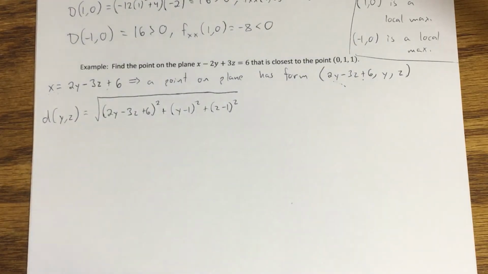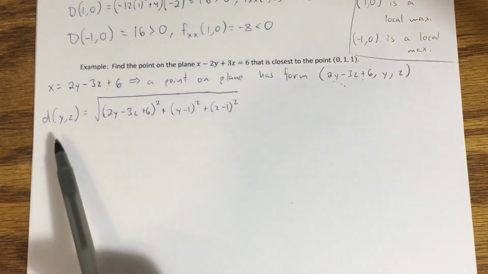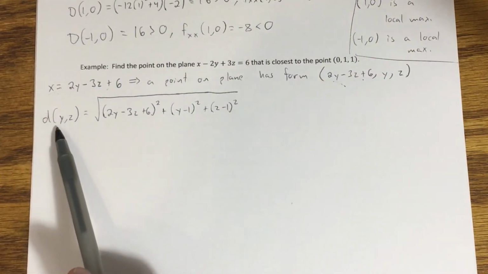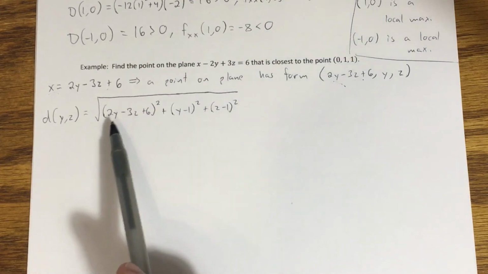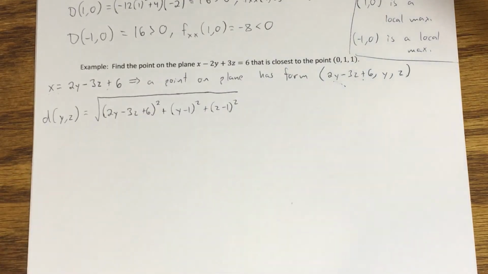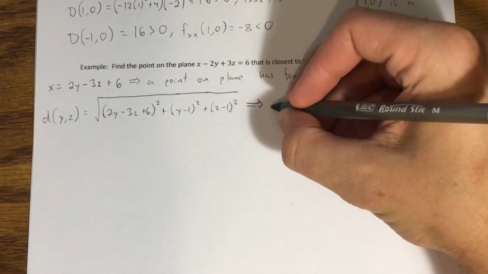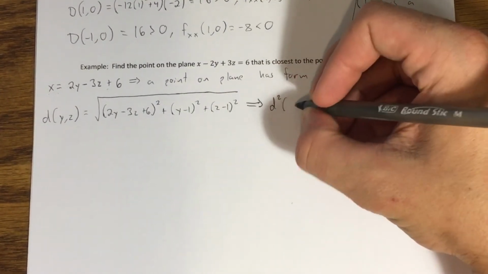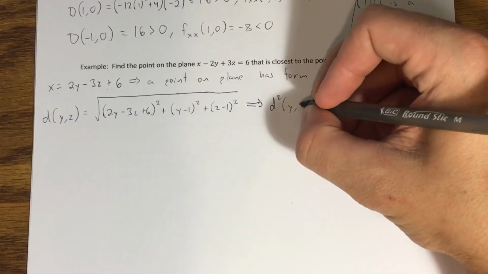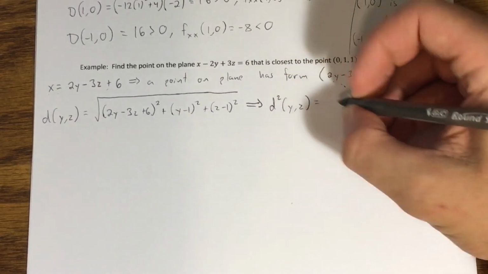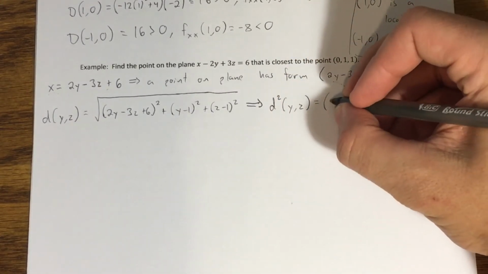And we're going to use a couple of things in this problem where we can bypass difficult work by thinking logically about the problem. If I'm looking for a minimum distance, then the minimum distance that I would get from this distance formula is going to be the same as the minimum squared distance. So what that means is I'm going to be looking at the square of this function instead. Which gets rid of that radical for me.